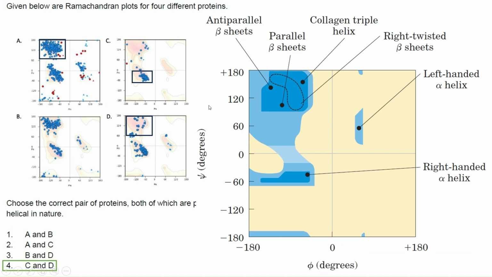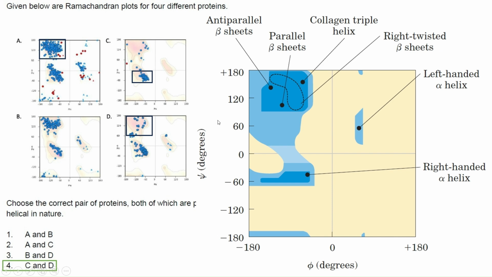Now, a few more questions can be asked from the same information. Like if an examiner really wants to test your memory, then they can just outright ask you the exact values of the phi psi angles for any of the secondary structures.